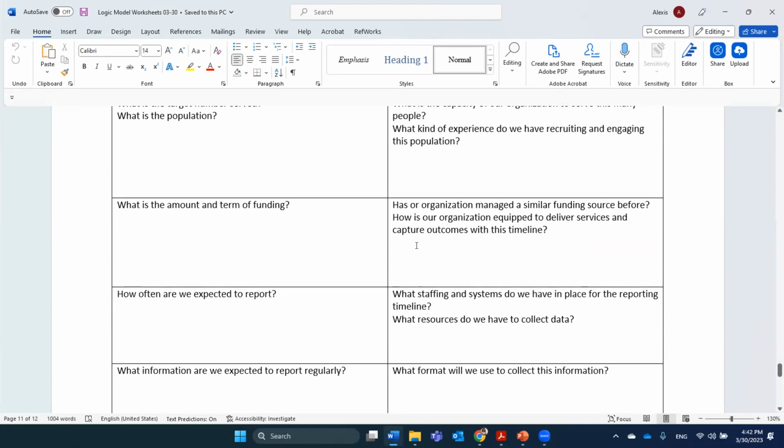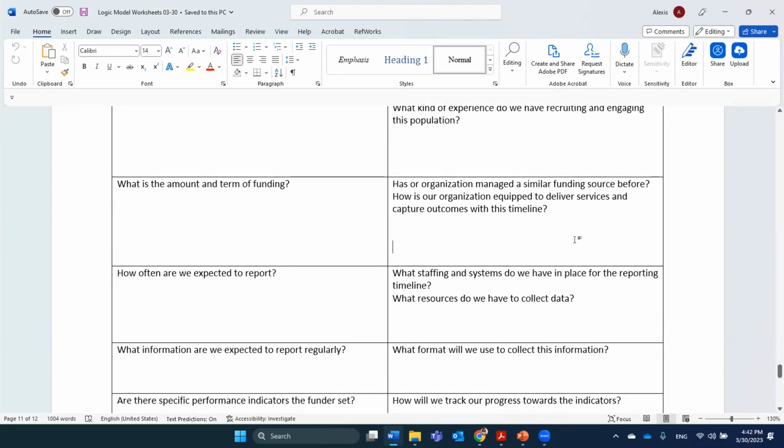By paying attention to the amount and the term of funding, you can talk about how your organization has managed a similar amount of funding before, if they've worked with a similar timeline before. And then also with the 30-day, the 60-day, the 180-day follow-ups, if you have examples from your organization doing that previously, or showing your organization has resources to do that, that can strengthen your application.